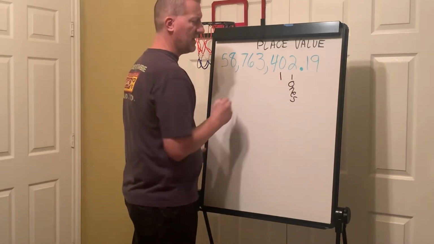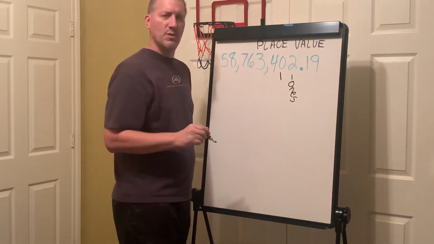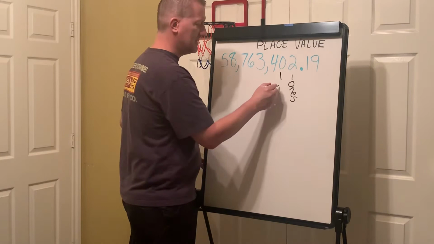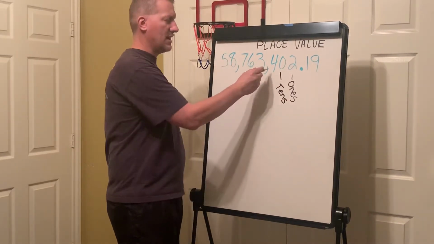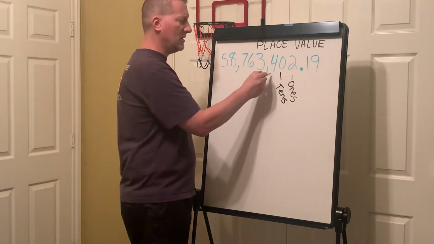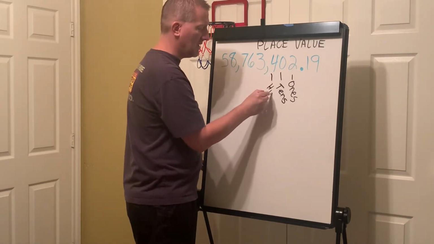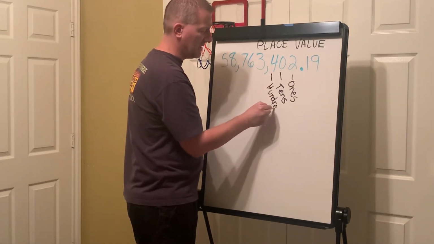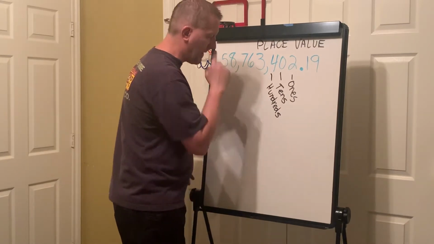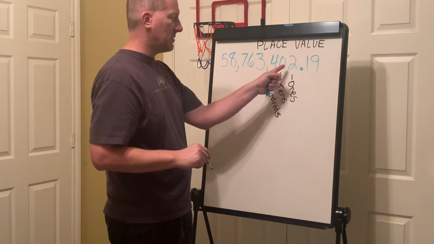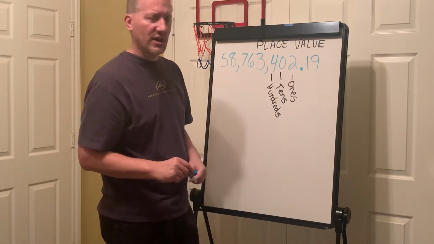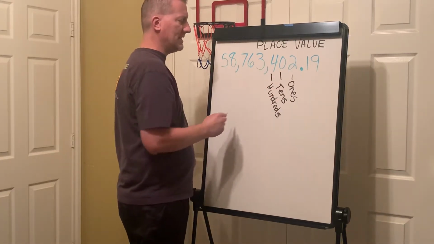The next place value would be the tens place. And then the next one is the hundreds place. Good. All right, most of you are really good at those. You've had those for many years, probably ever since you were in first grade. So ones, tens, hundreds.